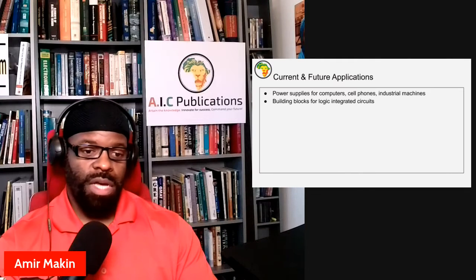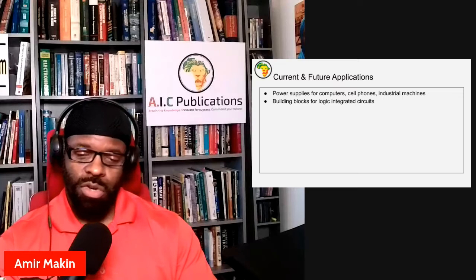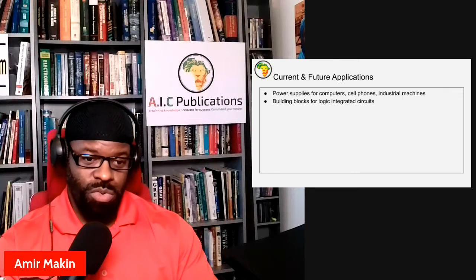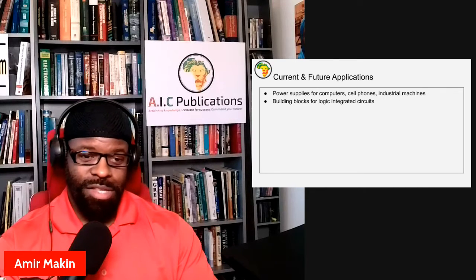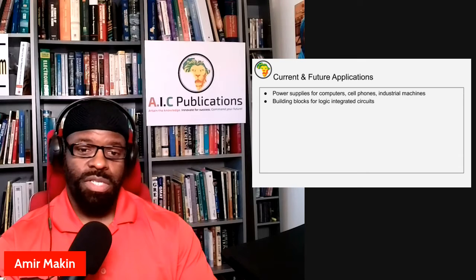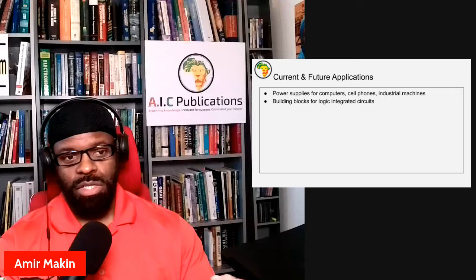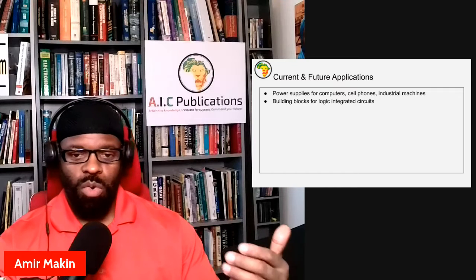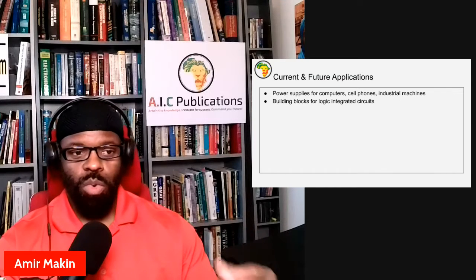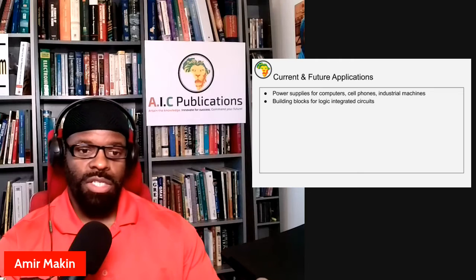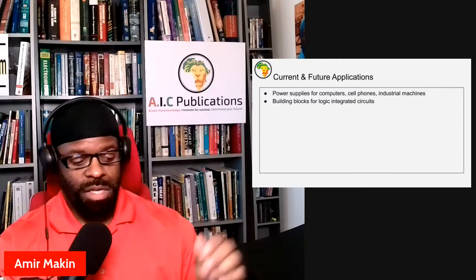It's the building blocks for logic integrated circuits. It's already being used in AIs, in cryptocurrency, and in cybersecurity because it's one of the basic building blocks. So if you want a career in STEM, if you want to be an entrepreneur based in technology, you have to understand the building blocks of it.